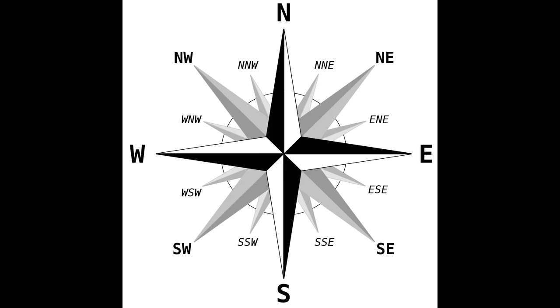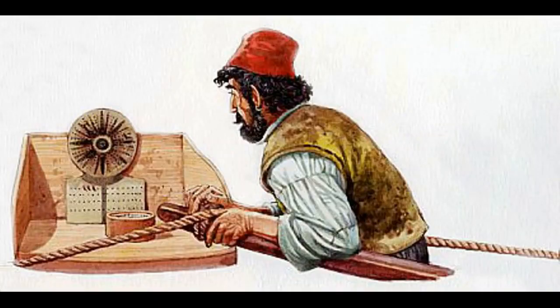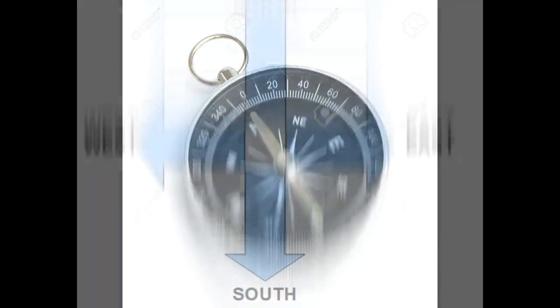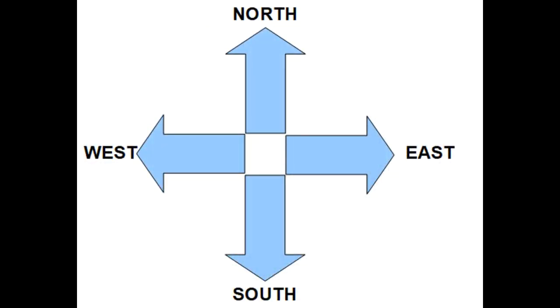In earlier times, sailors used a compass for finding their way in the seas. The needle of the compass always points towards the north, no matter how you position it. Once you find the north direction, the rest of the directions can be easily found.